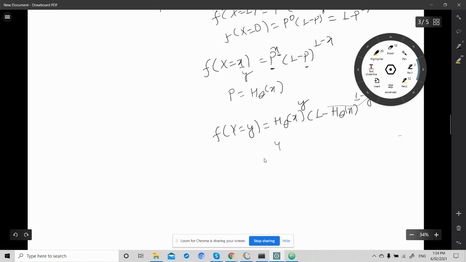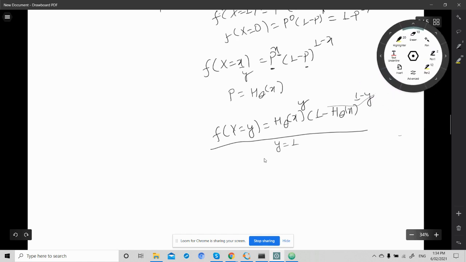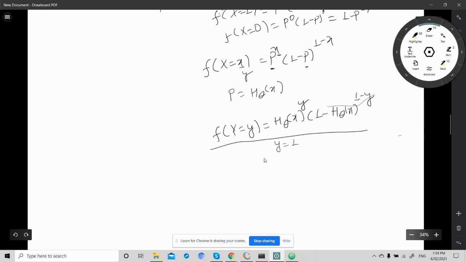So if our y is equal to 1 in this equation, what we get is h theta of x to the power 1 times 1 minus h theta of x to the power 1 minus 1, which is h theta of x, for y equals 1.